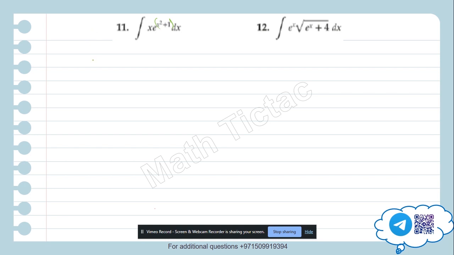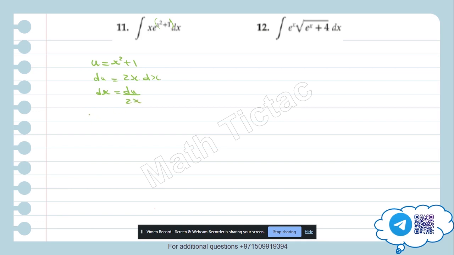So my assumption will be u equal to x squared plus 1. Now du is equal to 2x dx. Now dx is equal to du over 2x.